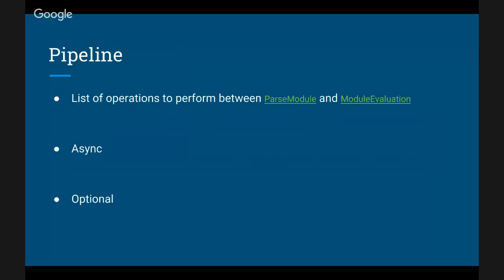The WhatWG loader includes a pipeline, which is the list of exact operations that need to occur between the parse module phase that we talked about earlier and module evaluation. That's when the host needs to resolve what http is. If you import http, it describes exactly how to find that module.